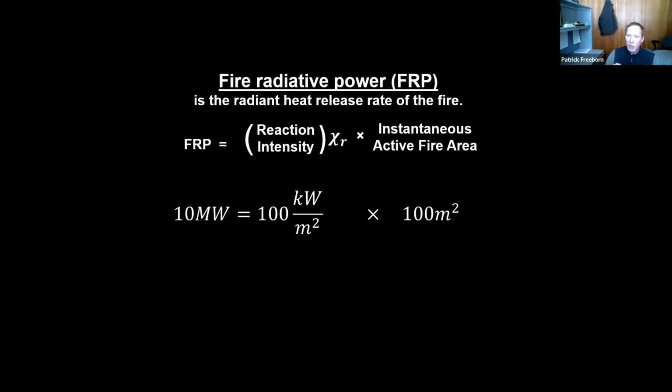I really want to emphasize that fire radiative power is not a proxy for fire intensity, okay? It's a proxy for a combination of both fire intensity and active fire area.